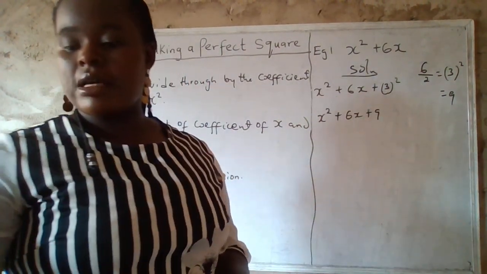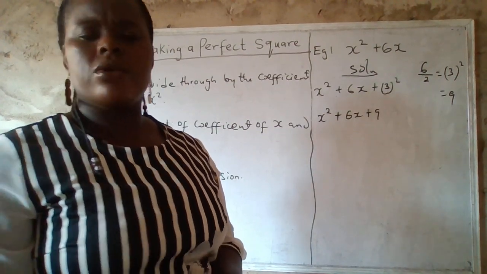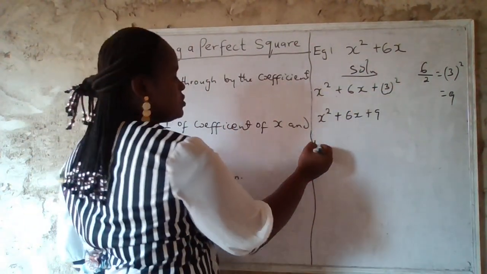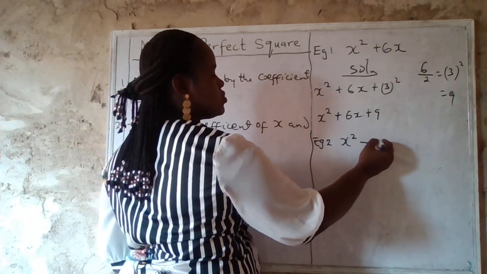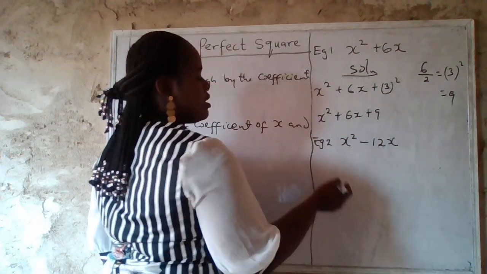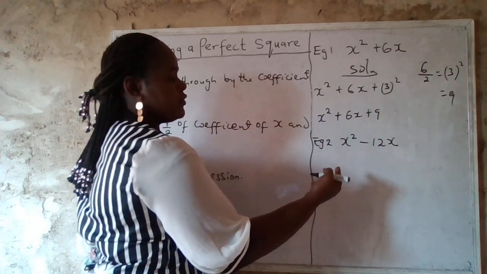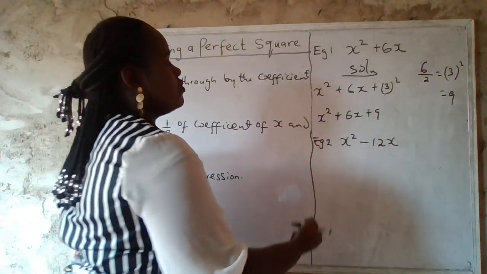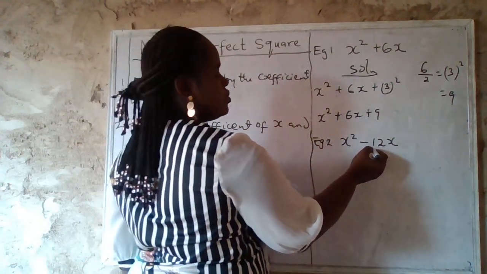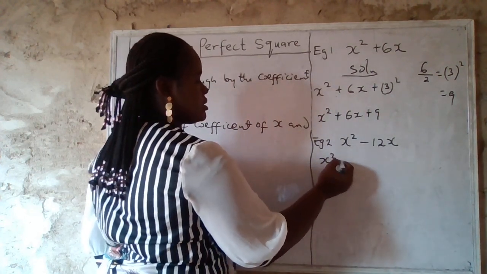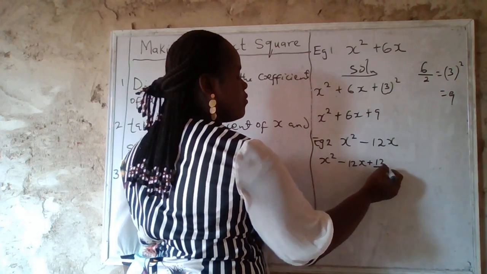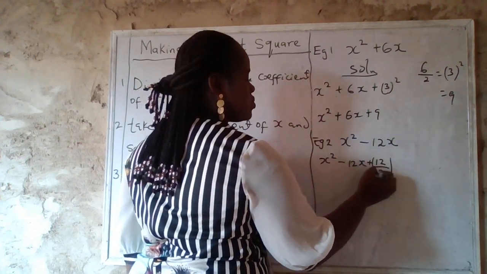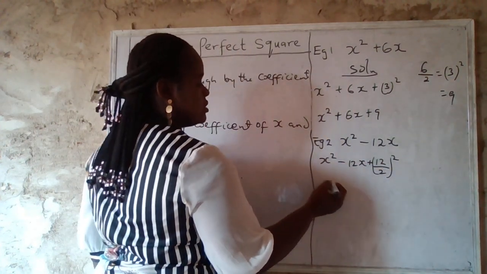Let's take another example. Example 2: x squared minus 12x. Now it's still the same, the coefficient being 1. So we move on to the second step, which says we should take half of this, that is 12 over 2, and square it and add it to the expression.